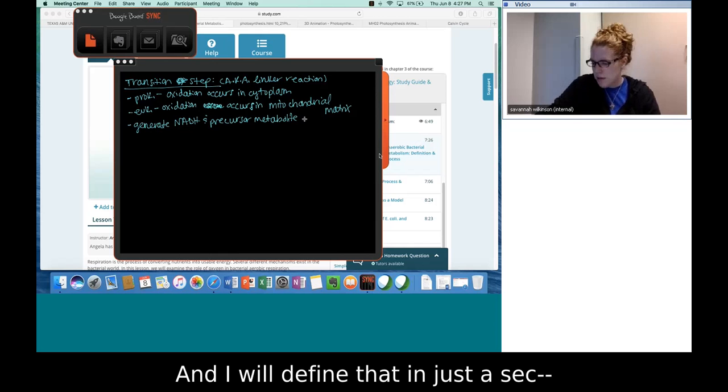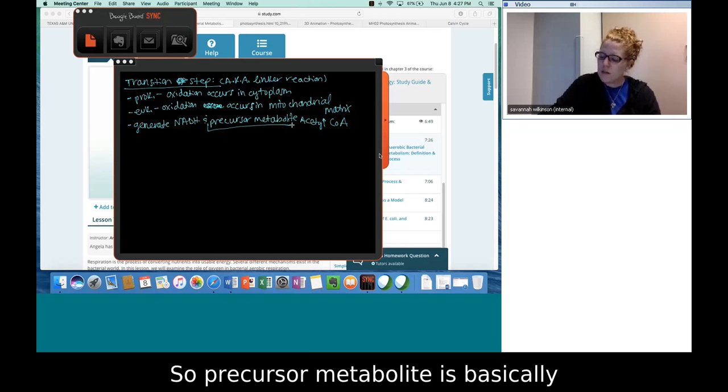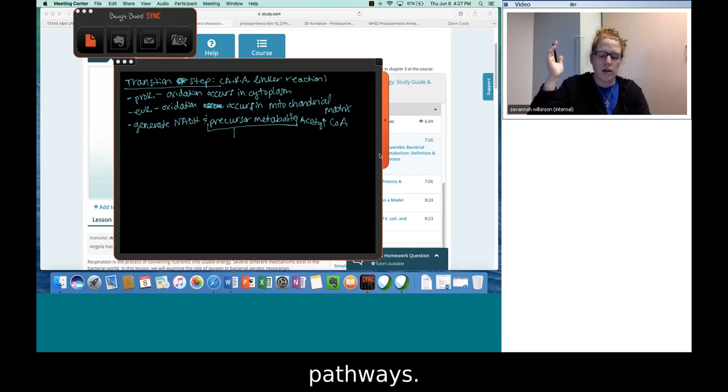And I will define that in just a sec. So precursor metabolite is basically an intermediate molecule in catabolic and anabolic pathways.